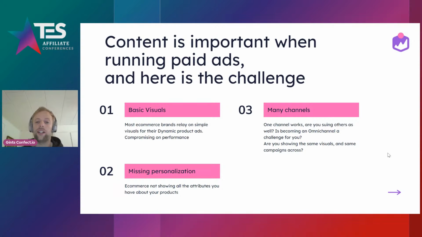And then the third challenge is that there are so many channels where you could advertise, and all these channels come in different formats, different sizing, and so on. So for example, Facebook has one format, so you can't go really full screen on Facebook. What you can do with Snapchat, you can have full screen, and then Pinterest is completely different.